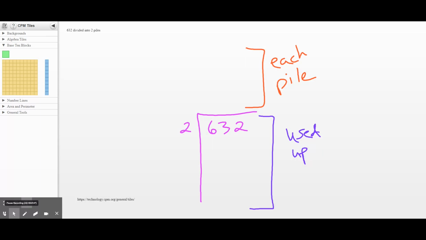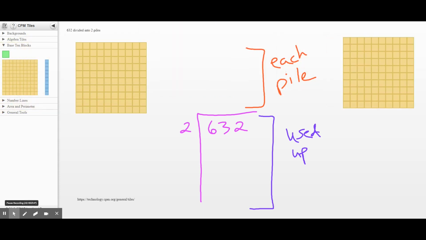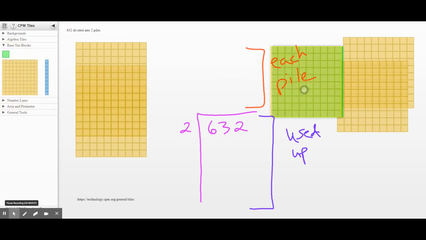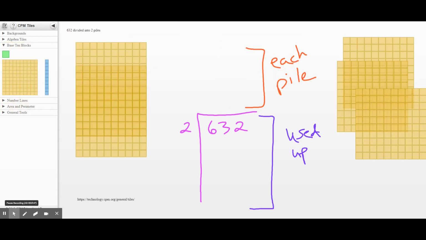So what made this one a puzzler? Let's just work our way through it, and I'll keep record on the screen as we go. So we had 6 100s that we split up into 2 piles. Well, that wasn't much of a puzzler. What's the value of the hundreds in each pile?